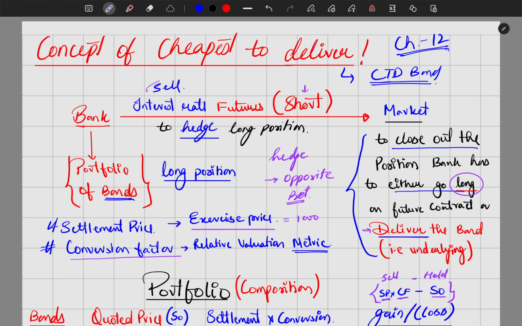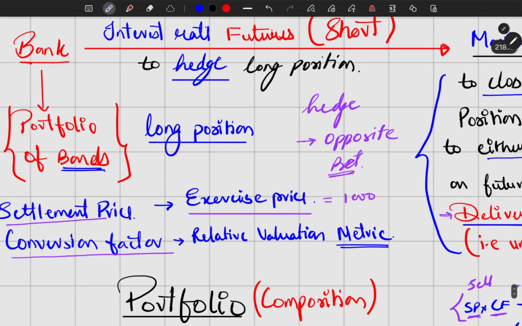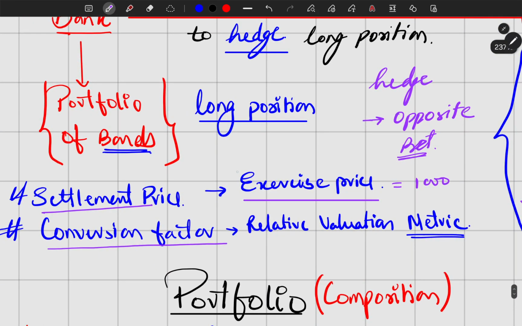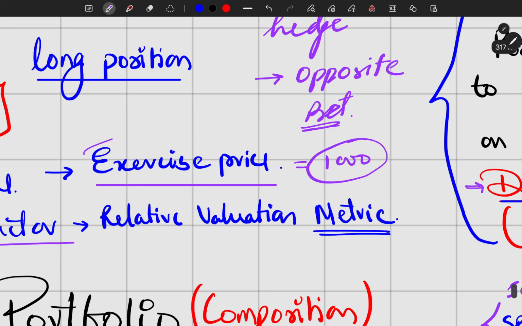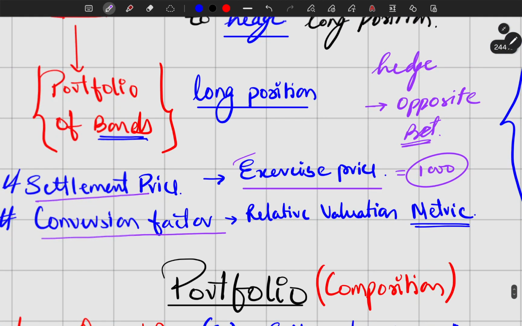So the price at which the bond would be delivered is called the settlement price. This can be equated to what we usually call the exercise price, and in our case we have assumed that the exercise price is 1,000 rupees.